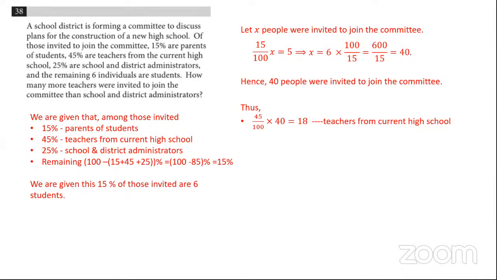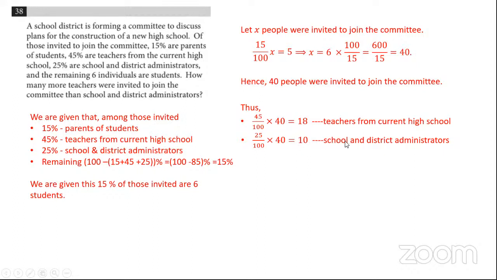So similarly, we can find the number of school and district administrators that are invited. It is basically 25%. This is equal to 25 by 100 into 40, which is basically 10. Do the necessary calculations, we'll get it to be 10.